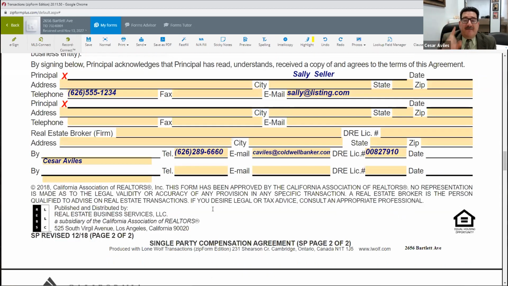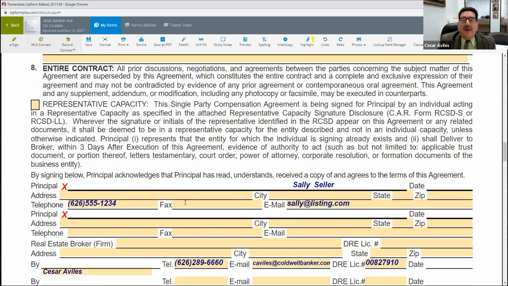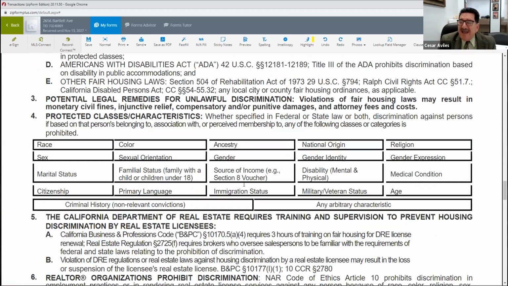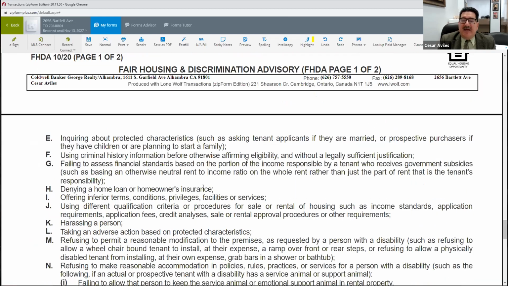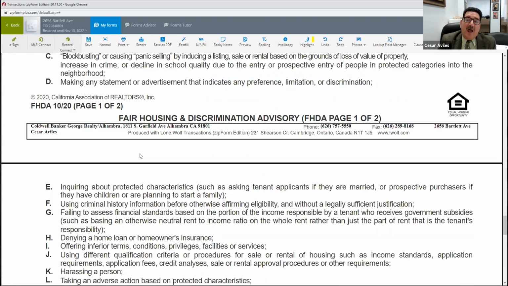Let me give you a caveat. Even when you sign this form, you need to make sure that the fair housing and discrimination form is attached to it, and that the seller signs that. Make sure that he does not discriminate against your buyer as well, okay?